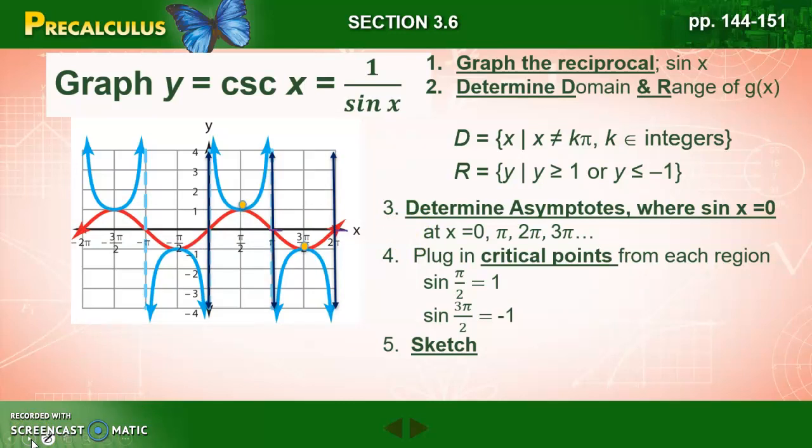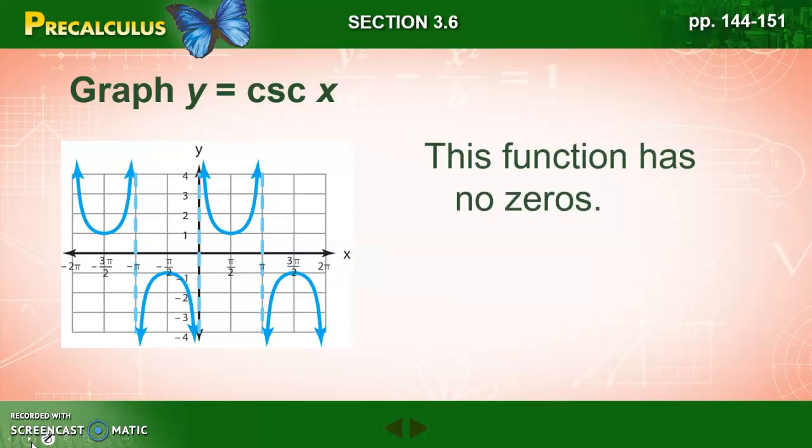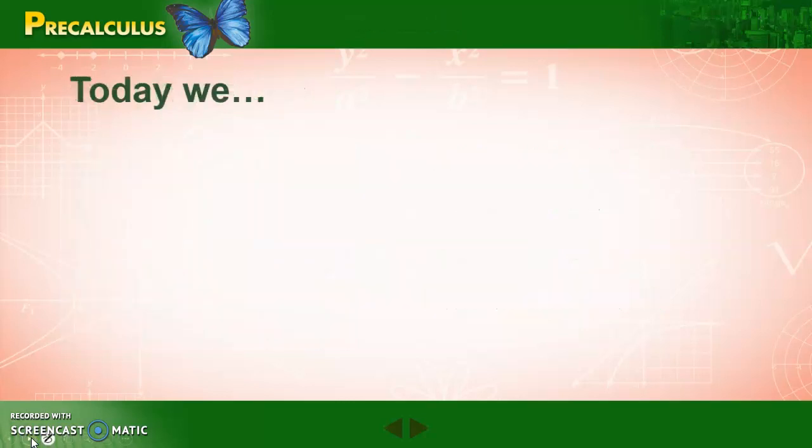Using what we know about inverse functions, reciprocal functions, we can then create the reciprocals inside each of those regions, inside each of those vertical asymptotes. And there is our final function there, cosecant x. Right, this function has no zeros. The period is 2 pi. It is not continuous.